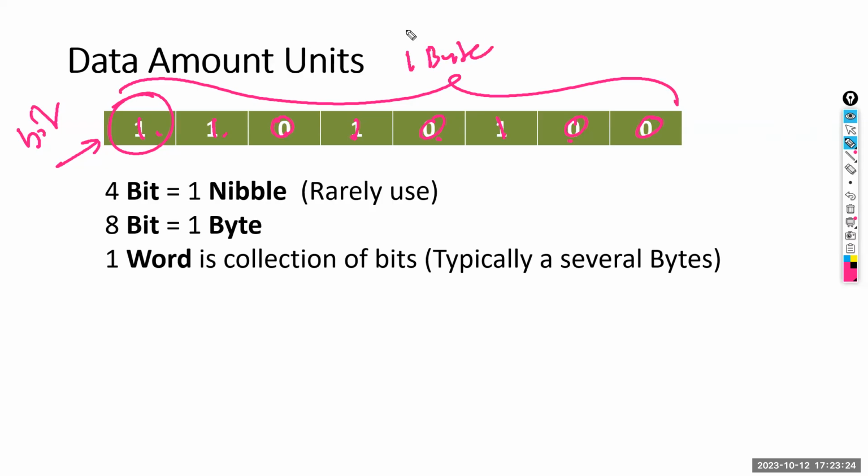It's something like 12 inches is 1 foot, or 100 centimeters is 1 meter, just a measure. Rather than saying millions of bits, I can say thousands of bytes. So 8 bits of data is called 1 byte.